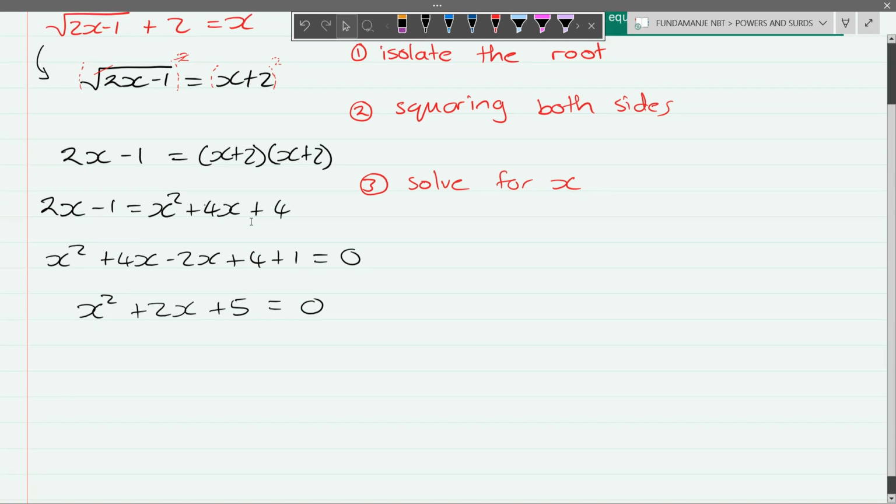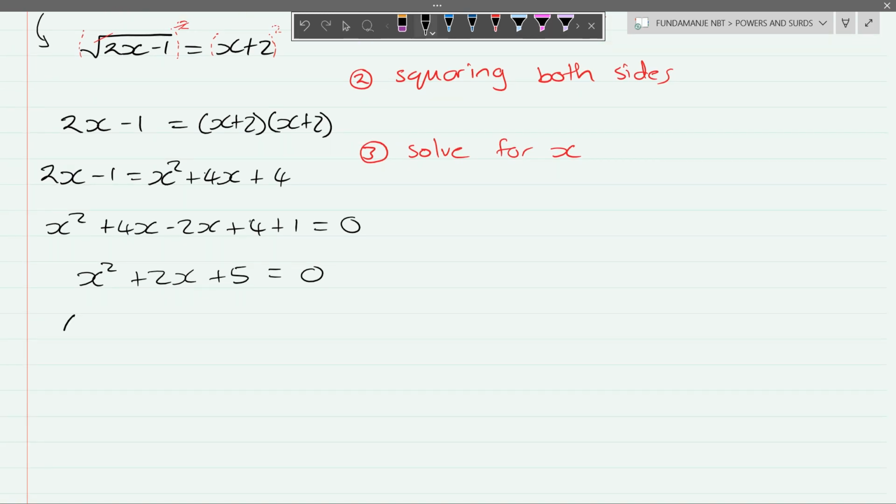Now we want to find the factors of 5 that will allow us to factorize this term. 5 just has 5 and 1, and what we have here isn't going to work out if that is the case.